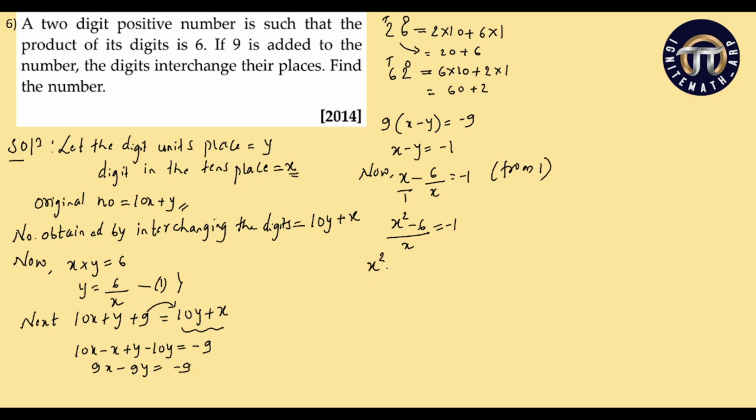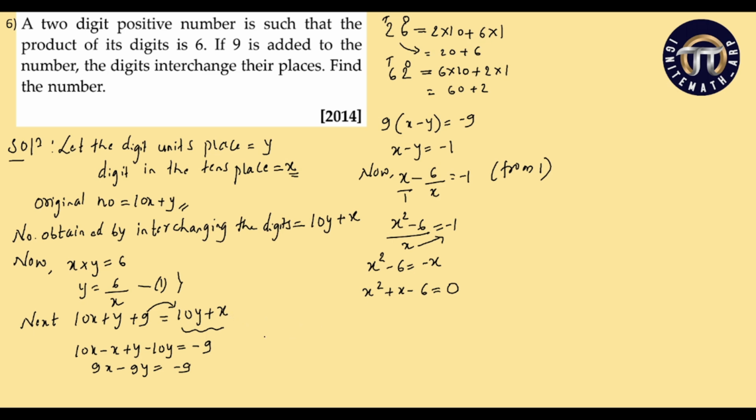So I can write this as x square minus 6 is equal to minus x, because this x is taken to the right hand side. So x square plus x minus 6 is equal to 0. This is nothing but the standard form of the required quadratic equation.